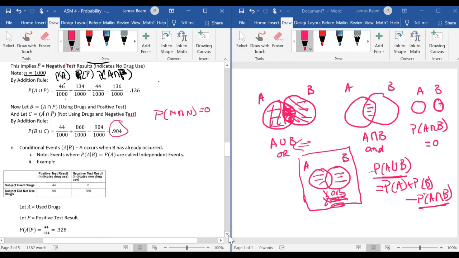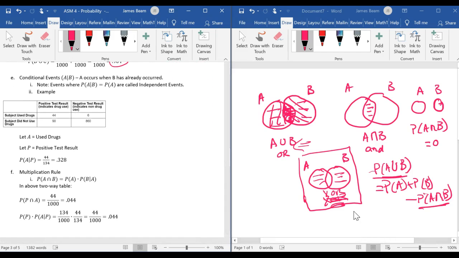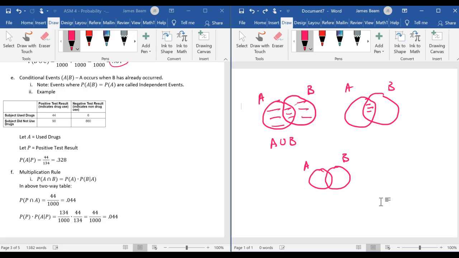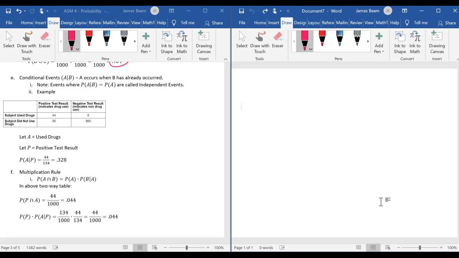All right. So this brings me to conditional probabilities, which is where things get fascinating. Let's use that same 2A table, right? What we want to know here is what is the probability of being in one set given that we're in another. So if I look at my 2A table here, I know I have 134 people, 44 plus 90, that got positive tests.